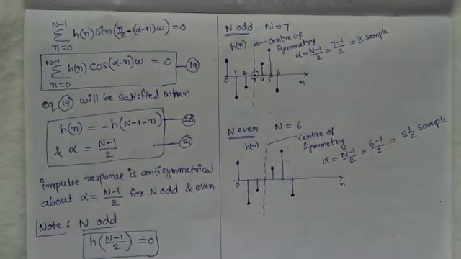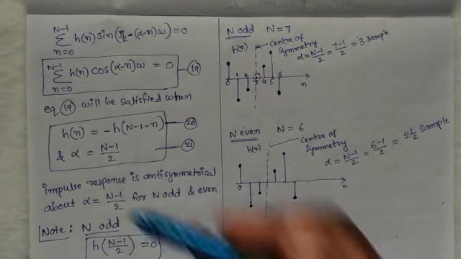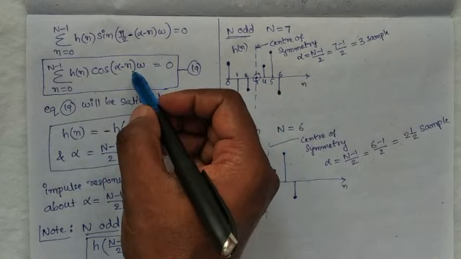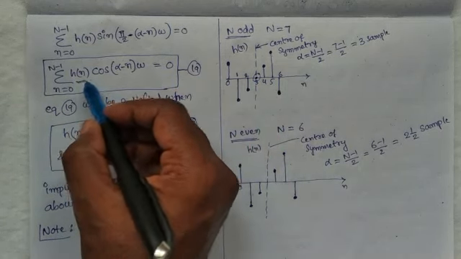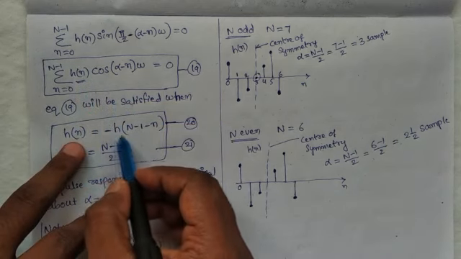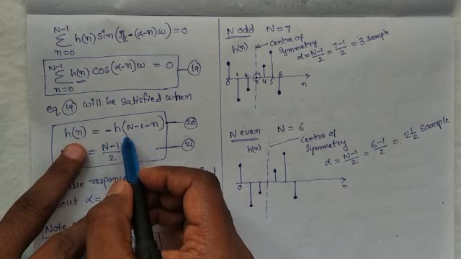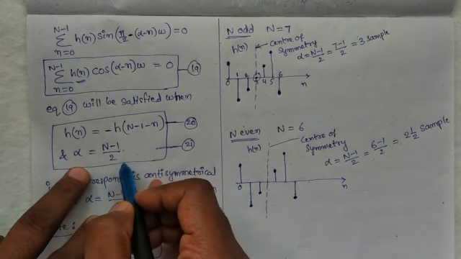Actually this equation is satisfied when the impulse response h of n is equal to minus h of capital N minus 1 minus n, and alpha is equal to capital N minus 1 by 2.